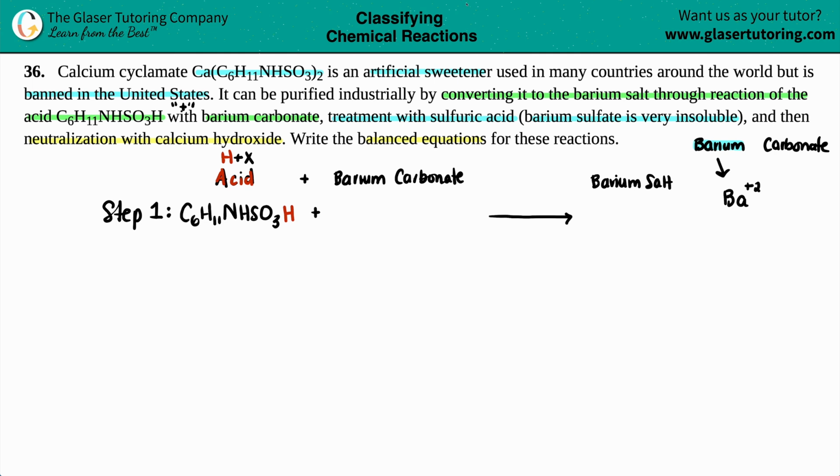Now carbonate, if I tried to look up carbonate on the periodic table, I'm not going to find it. ATE endings are your polyatomics. And there's no rhyme or reason as to what carbonate is or what the polyatomics' names are. There's some indication, but not 100%. So the easiest way is to just memorize these.